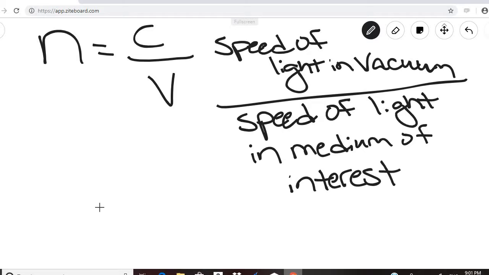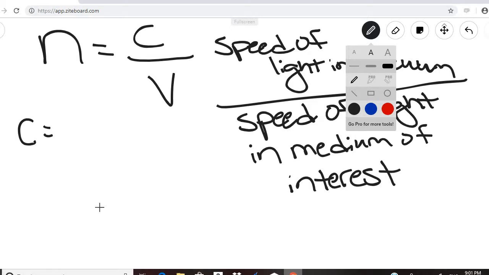Okay, so the first thing you need to know: we have said that the speed of light was 3.0 times 10 to the 8 meters per second.